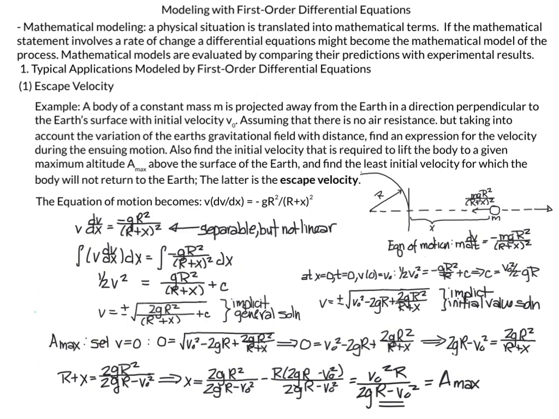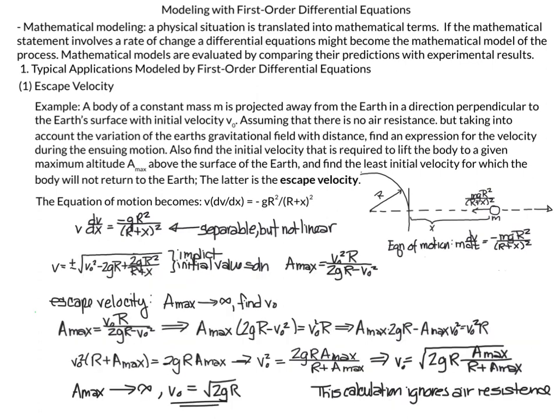A max is once we have this initial velocity, when we finally get to v equals 0, our maximum altitude. So set v equal to 0 in this equation, and when we solve the algebra, we have A max is equal to v naught squared over r divided by 2gr minus v naught.